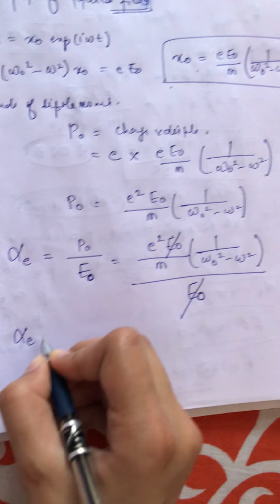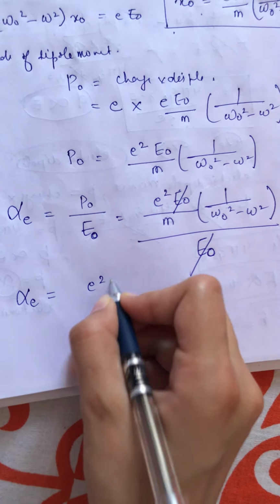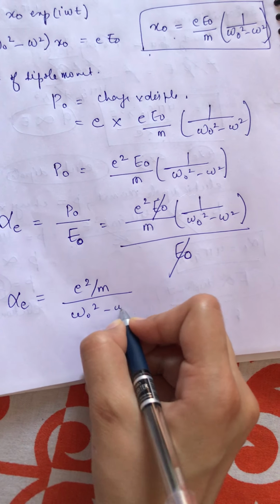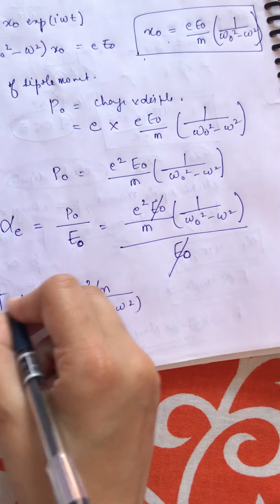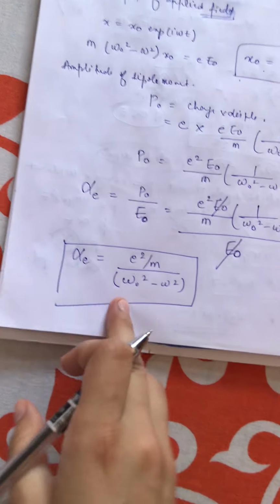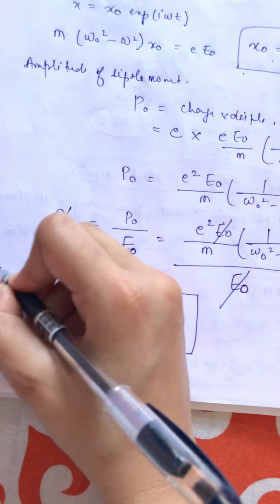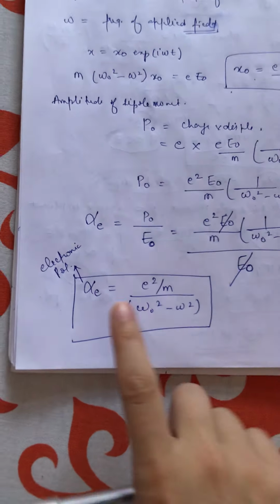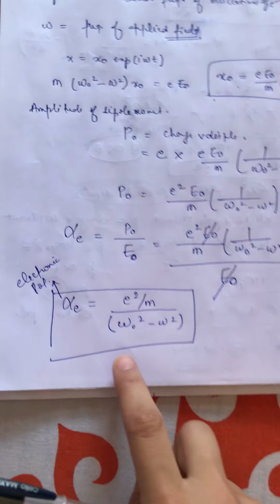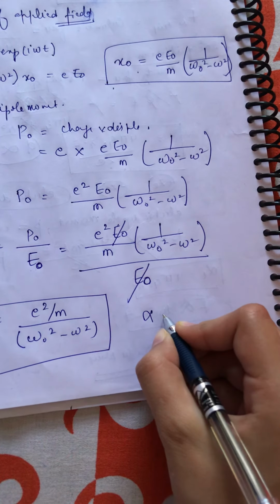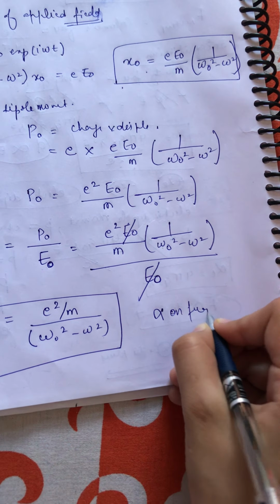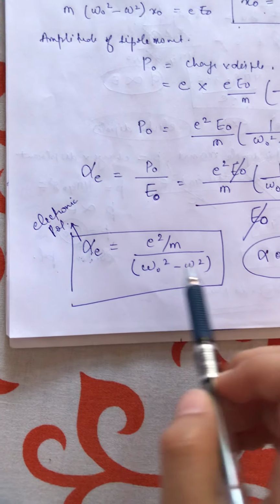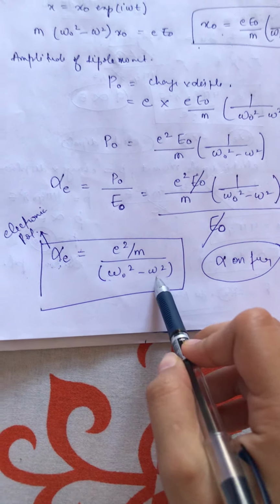So our final answer becomes e square by m upon omega naught square minus omega square. This is the equation for the electronic polarizability. Now from this equation we get the dependence of alpha on the frequency omega.